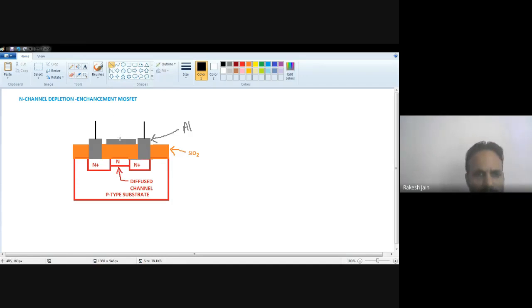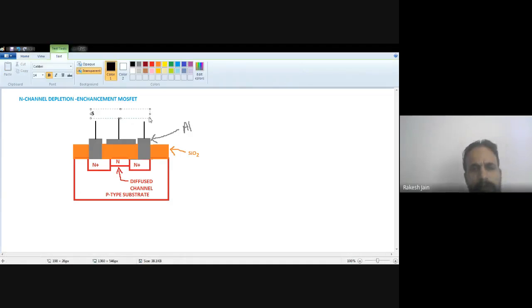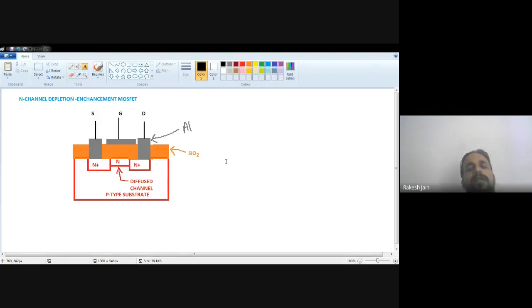The left hand side terminal is your source terminal, which is abbreviated as S. The middle terminal is your gate, which is abbreviated as G, and the rightmost terminal is your drain, which is abbreviated as D. So this is a basic construction of this N-channel depletion enhancement MOSFET.